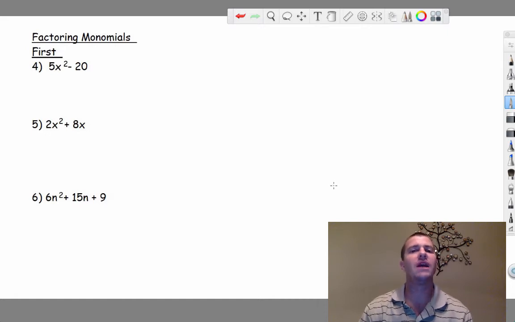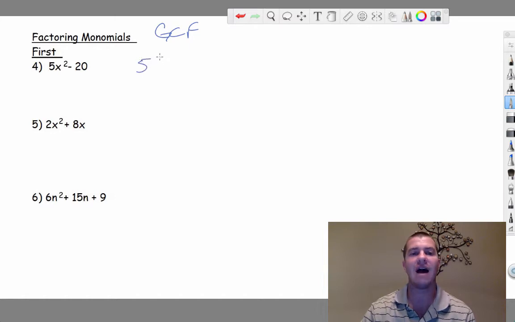What you have to get used to is, before you start using the t-chart, or before you start factoring all of them, always check for a GCF, a common factor between every term in the polynomial. Okay, so 5x squared minus 20, because 20 and 5 both have a common factor of 5, you can factor that out. You still need to write it, but you can factor it out. And then I have 1x squared minus 4.